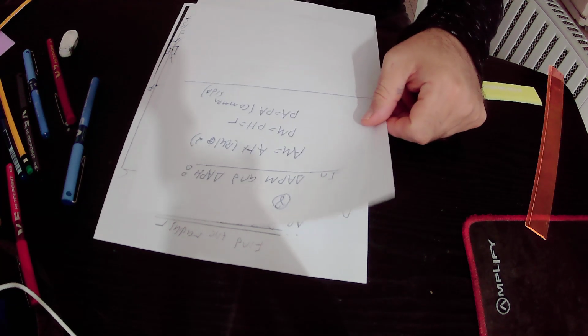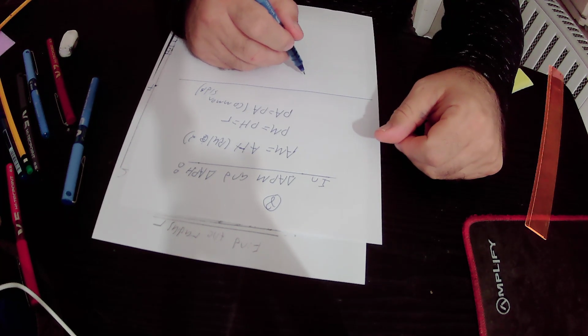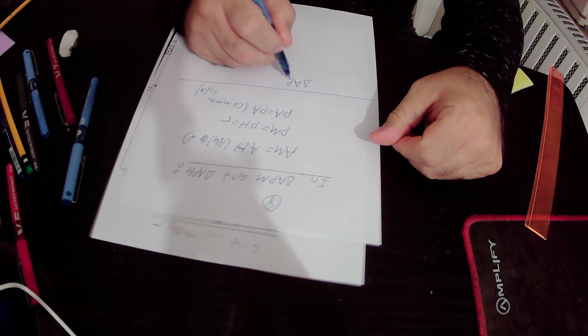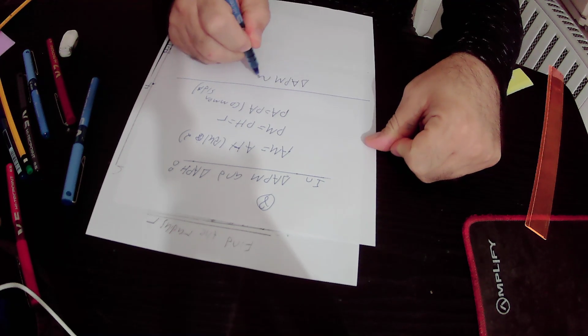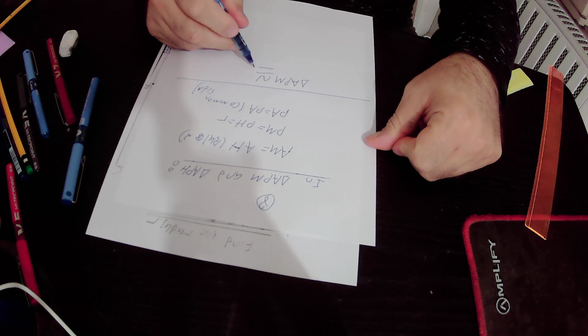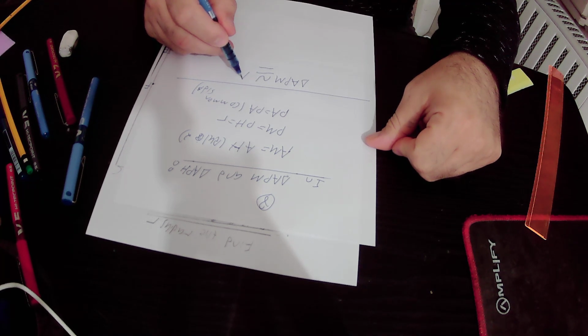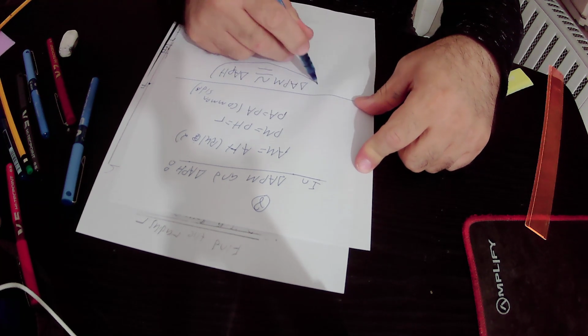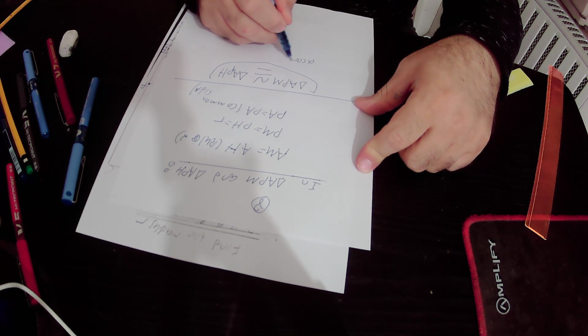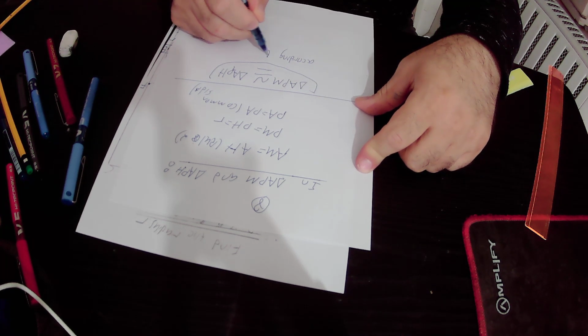We proved that the right triangle APM, congruent, this is the sign of congruent, so the right triangle APM is congruent to the right triangle APH, according to side rule.